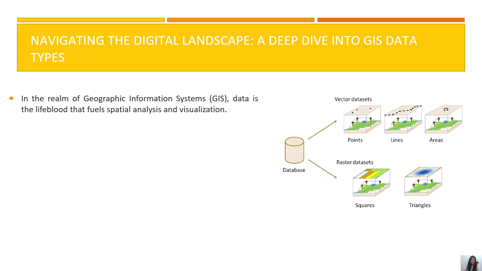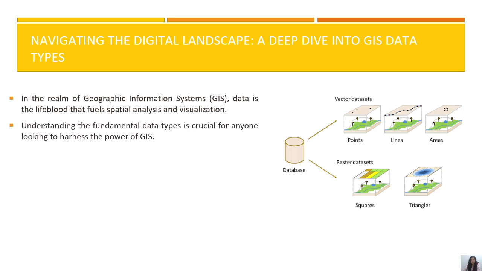GIS is one of the most important tools in this generation because it is fueling spatial analysis and also giving vivid analysis and visualization. Data is the lifeline for GIS, and the most important fundamental data types are very important for anyone to understand the power of GIS.